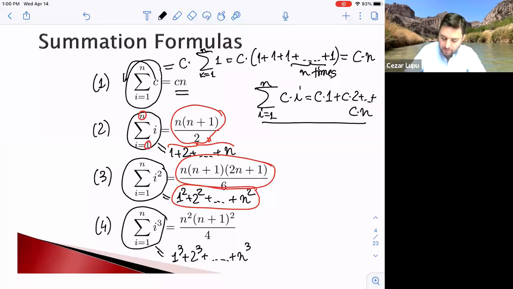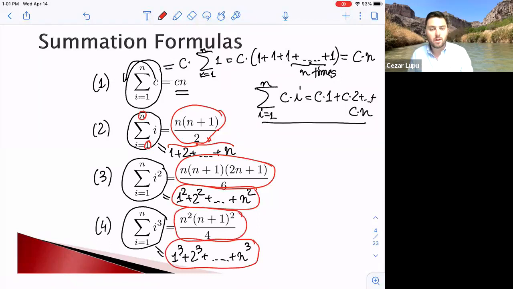And this guy is this guy. So the sum of the cubes of the first n positive integers is given by, as you can see, nothing else than the square of the first sum. So this is this guy here.